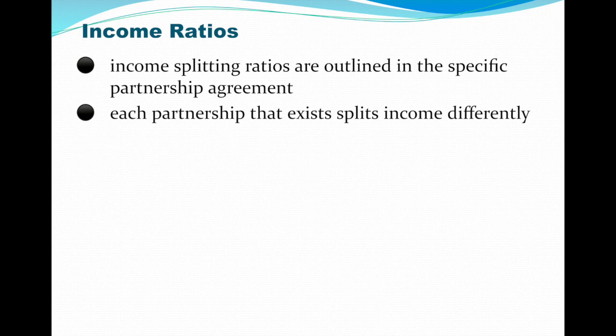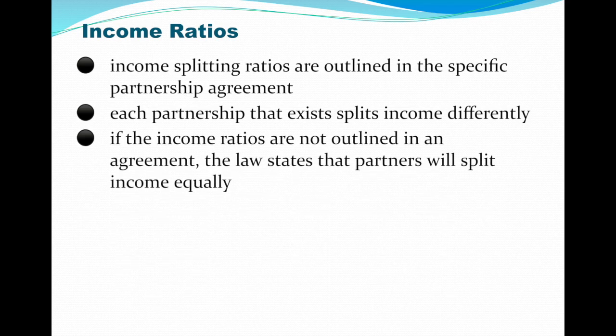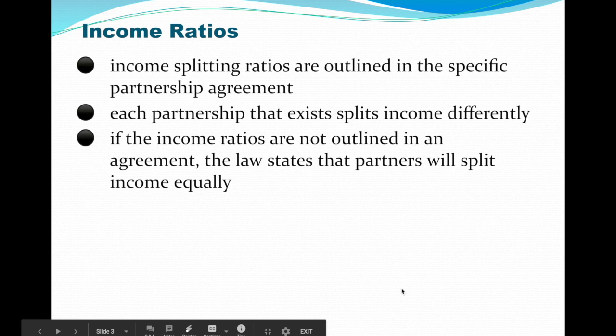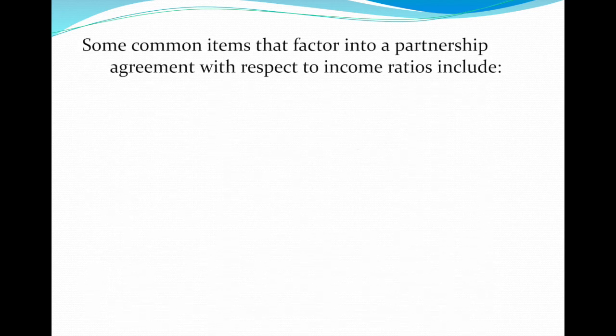And we use income ratios to govern that split. So if income ratios are not outlined in a partnership agreement, then the law states partners will split the income equally. So if they don't say anything, it's 50-50. If they do say anything and they sign an agreement, then we abide by that agreement.